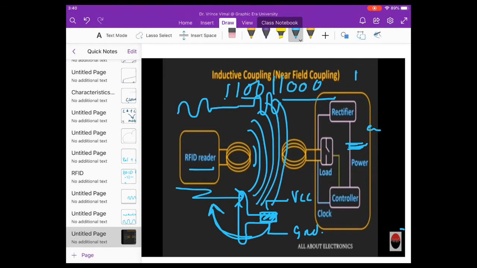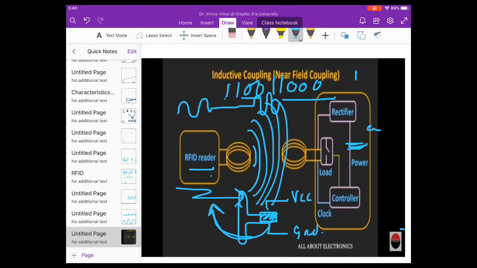This way it transmits by switching on and off, changing the impedance via this load. It transfers its information by the process of backscatter to the RFID reader.